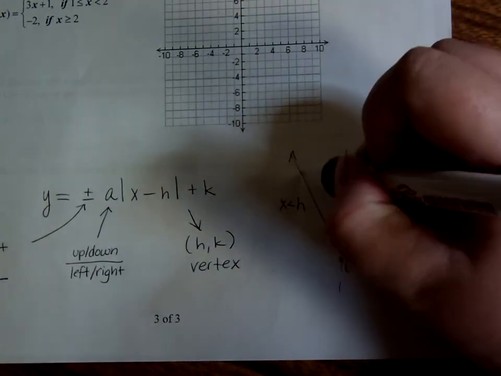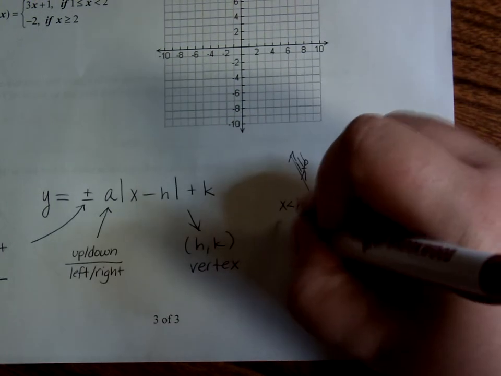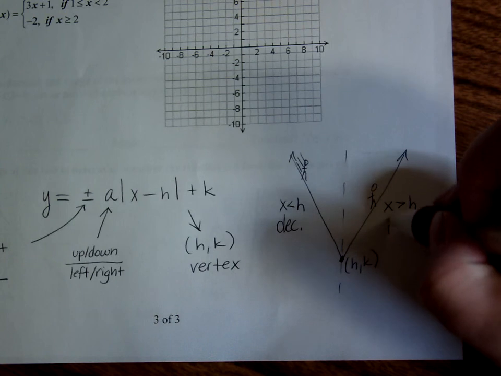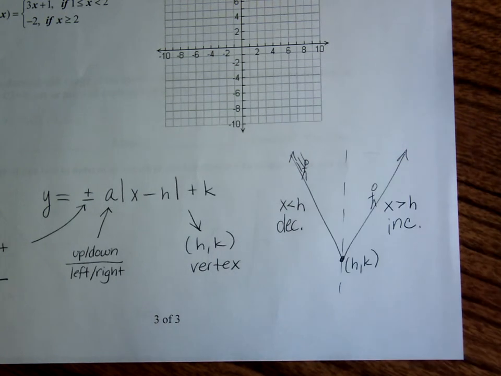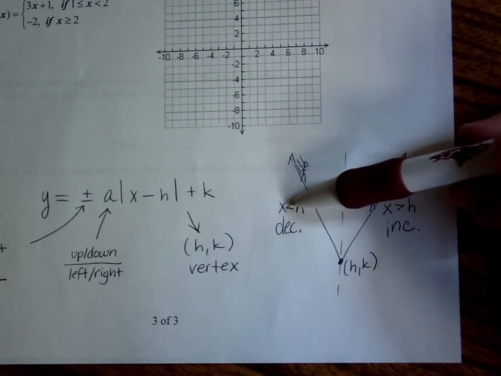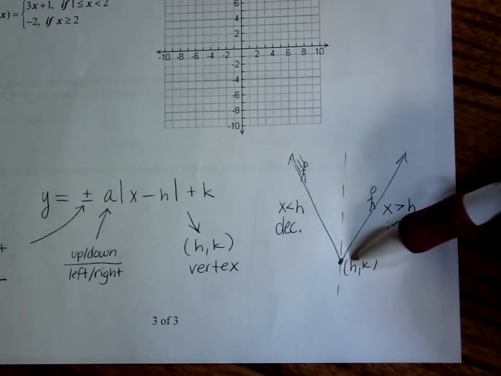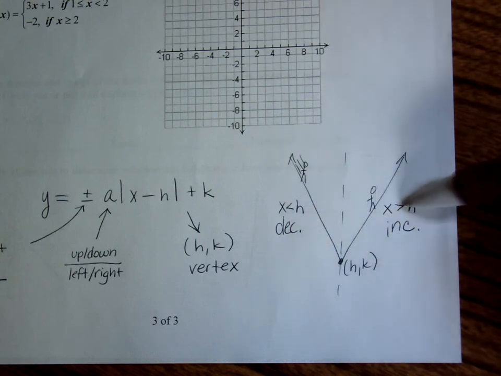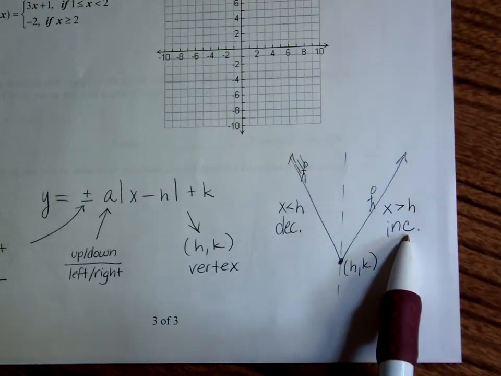Now, if somebody's standing on top of this, they're sliding down. So that's decrease. This is a hard climb, so that's increase. Every time it opens upward, it's going to be like that. x is less than whatever the h value of the vertex is, a decrease. And x is greater than that, increase.